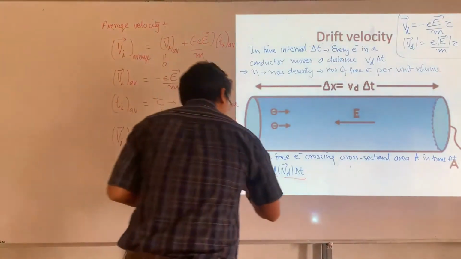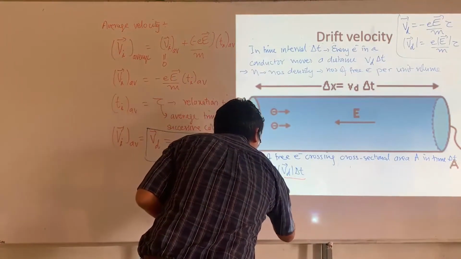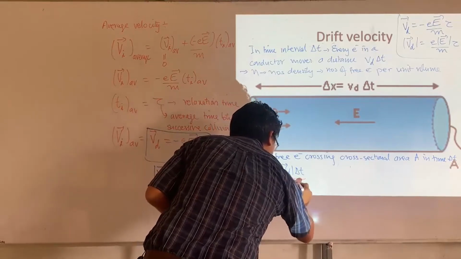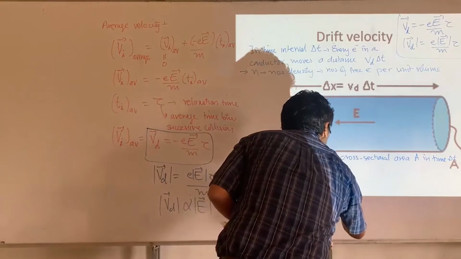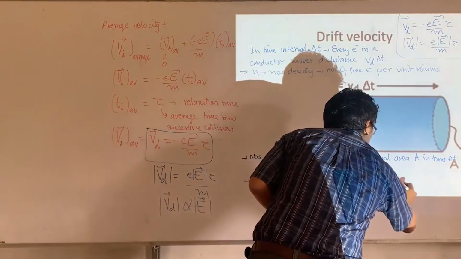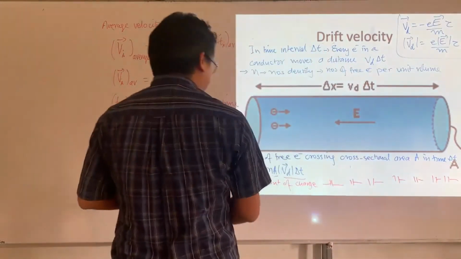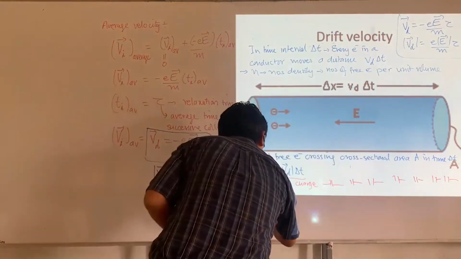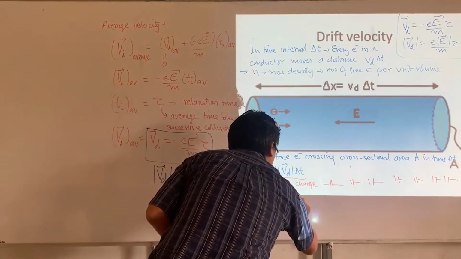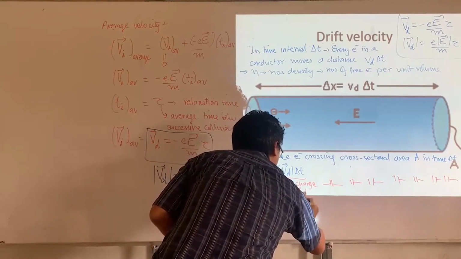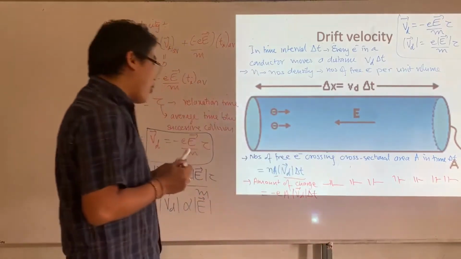So now I say the amount of charge crossing a cross-section area in time delta T would be equal to minus e A. This is the amount of charge.